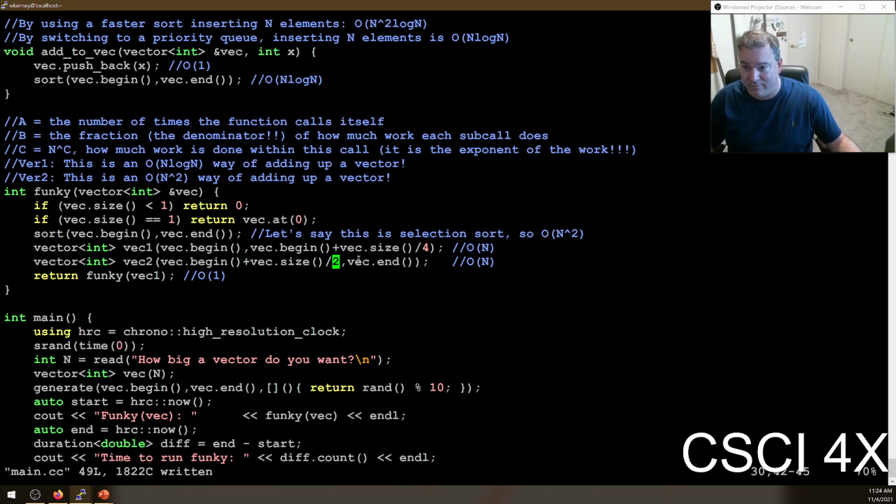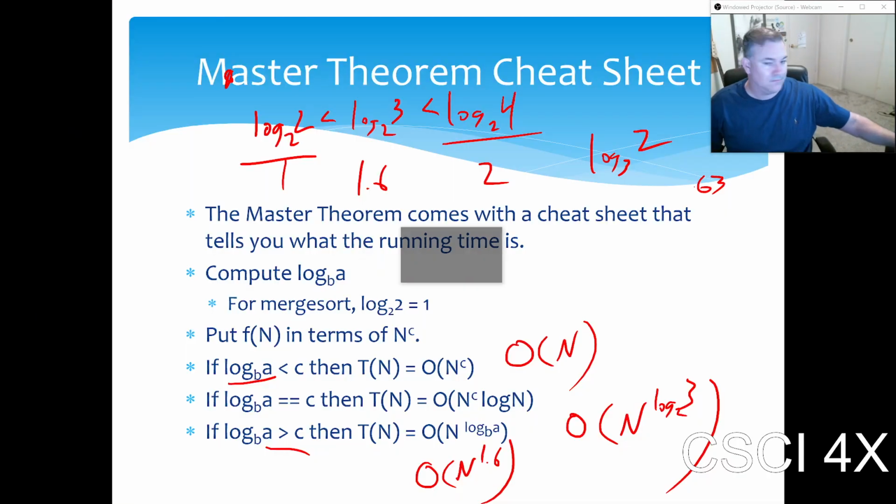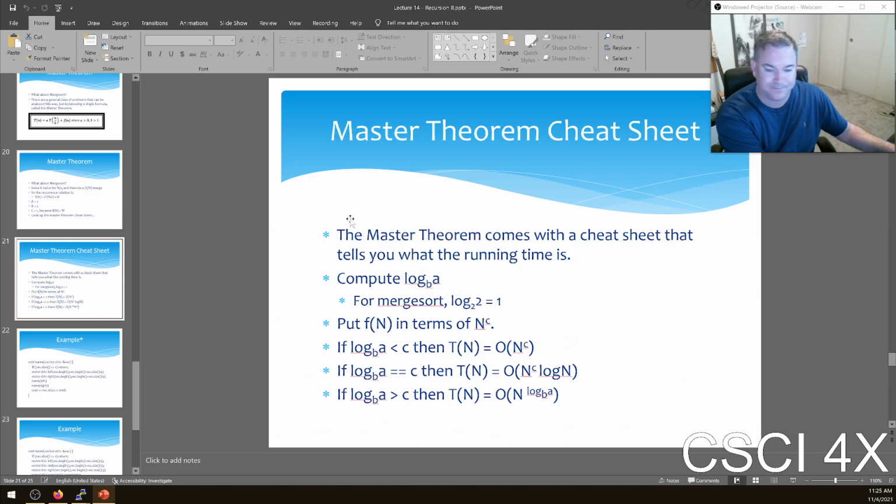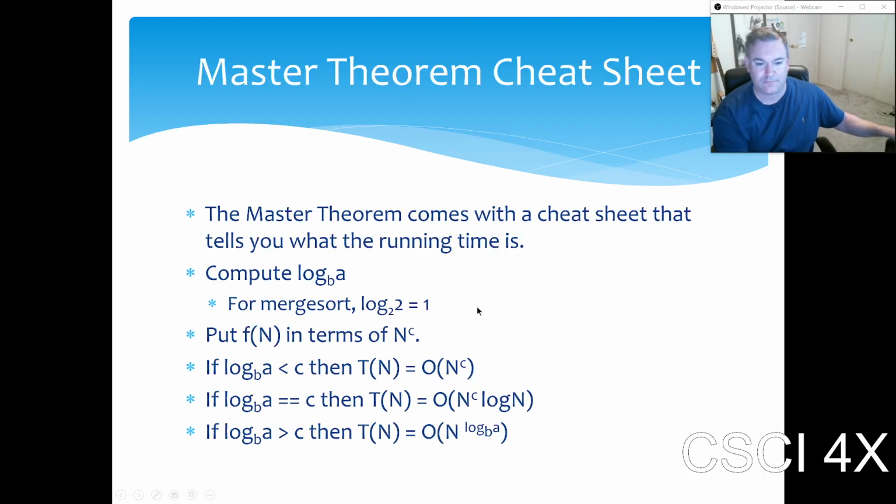So in this case, B is 2. A is 1. The log base 2 of 1 is 0. So this C is 2. So in this case, A is 1, B is 2.